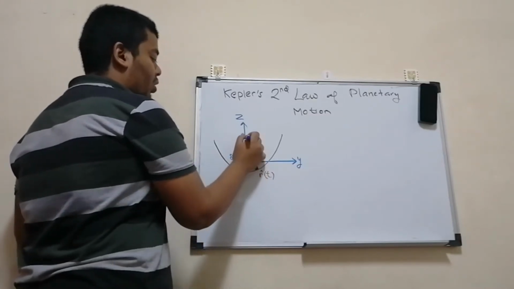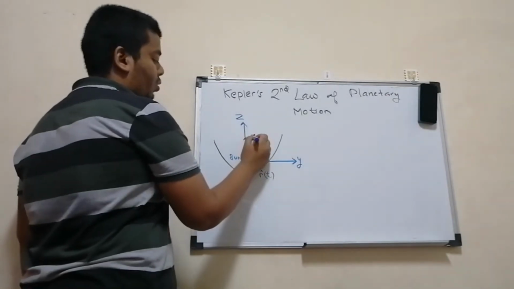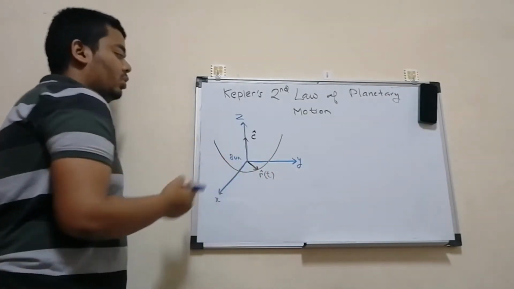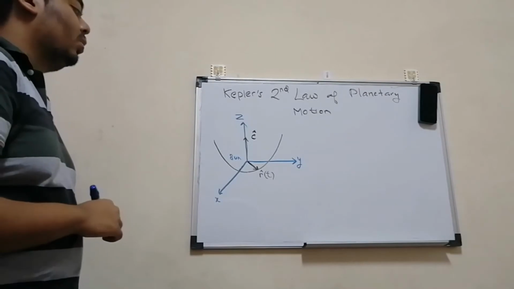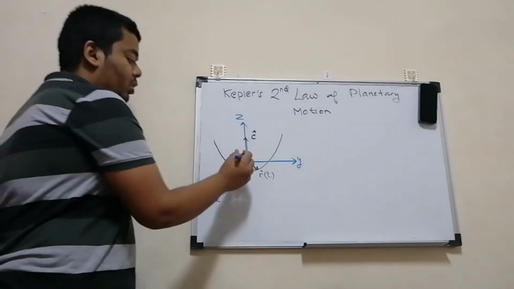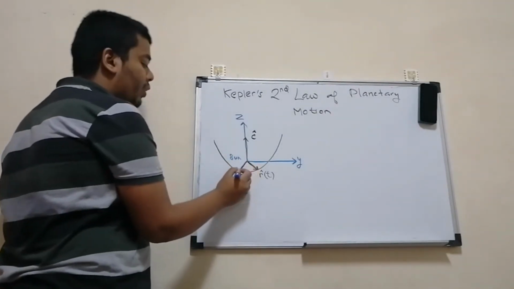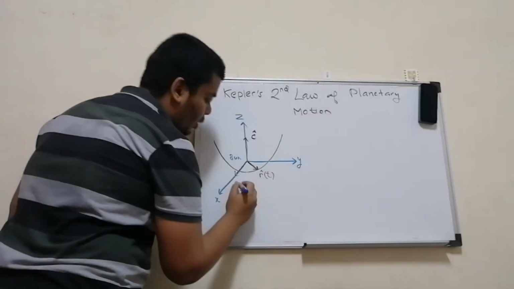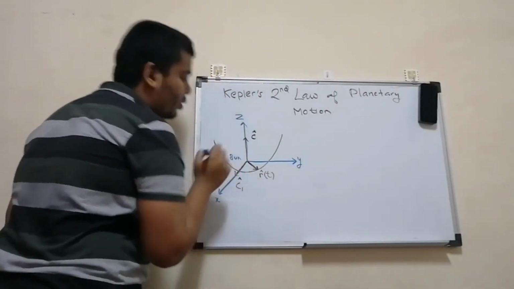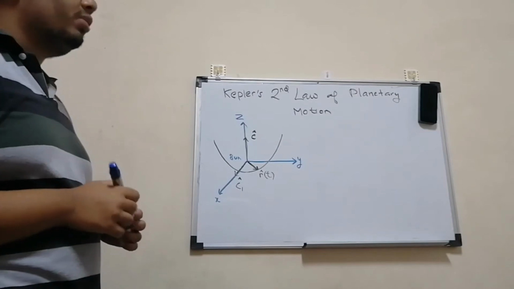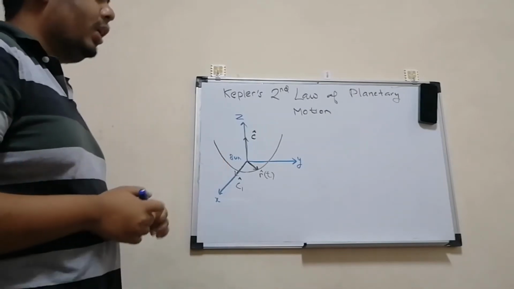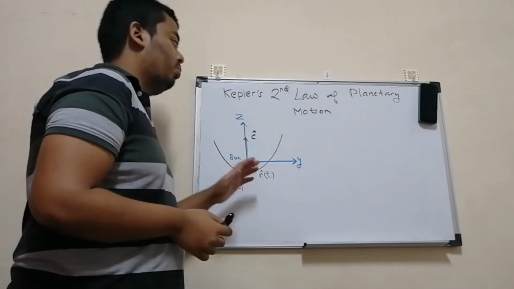We had a constant vector which is known as c, which was parallel to the z-axis. And then we had another constant vector which I named in my previous video as c1, which is parallel to the x-axis. Perfect. Let's go ahead and draw another diagram, which is important to us now.